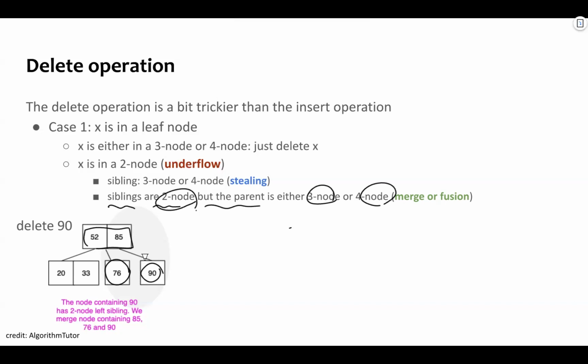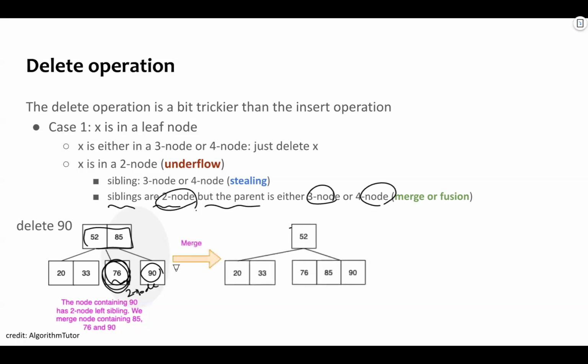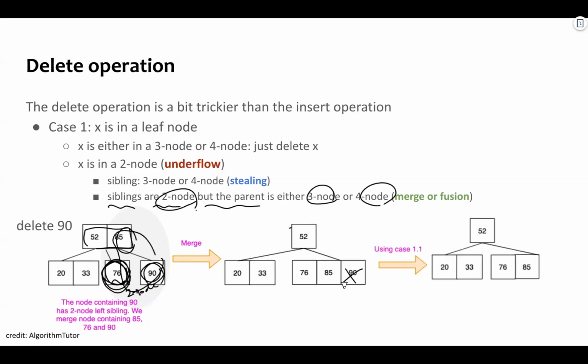So we cannot steal from our sibling because it is a 2 node. What we are going to do is merge these 3 parts: itself, one item of the parent, and its sibling. Then we can delete 90 like this, because this is case 1.1.